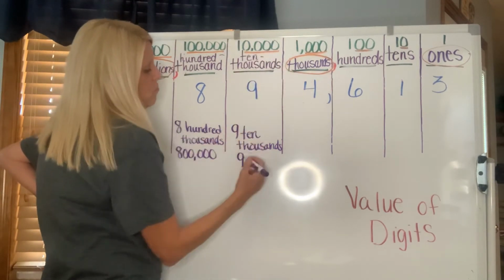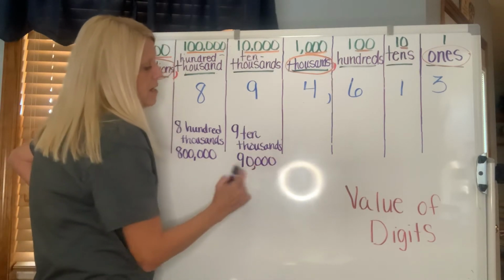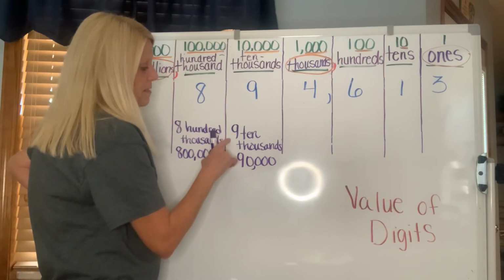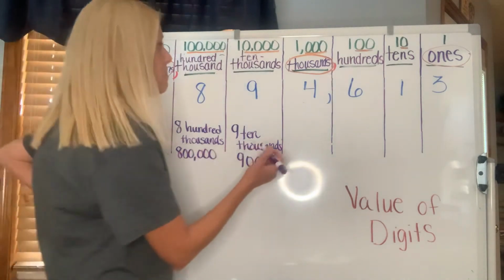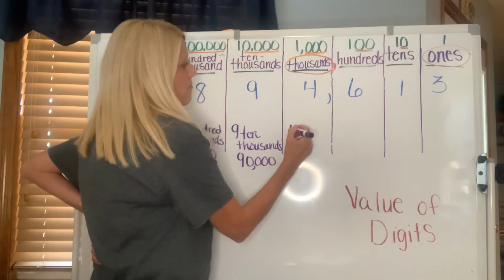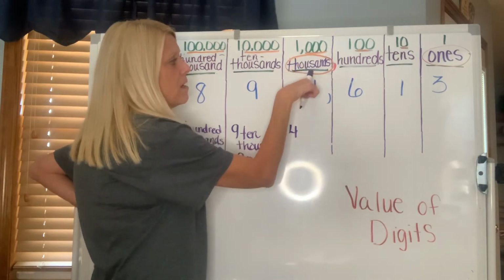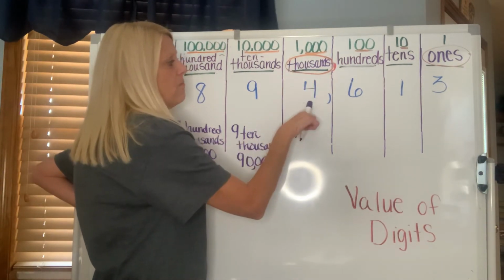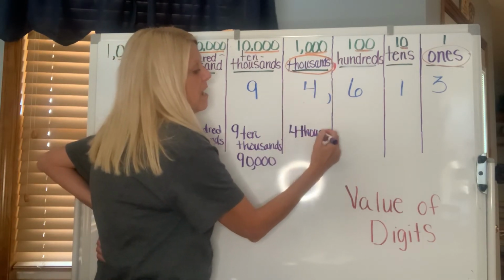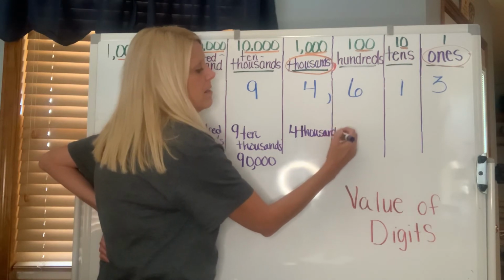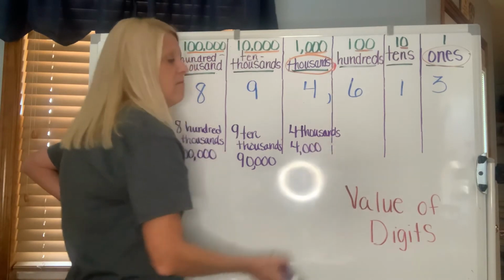There are 4 zeros, which is 90,000. 9 10,000s is equal to 90,000. What is the value of the 4 in this number? We have 4 in the thousands place value, so we have 4 thousands. Or written in standard form, we have 4,000.